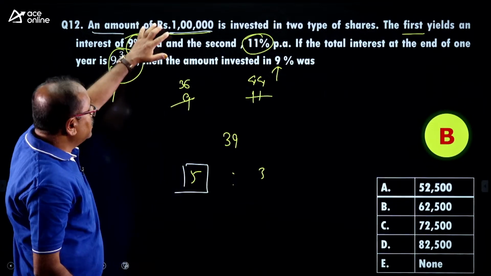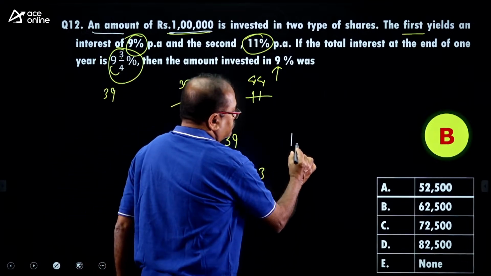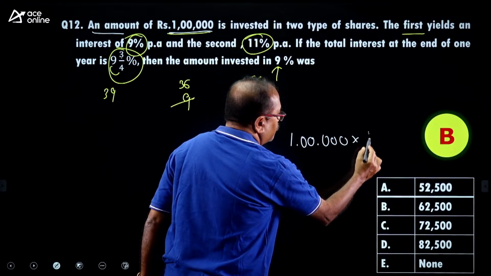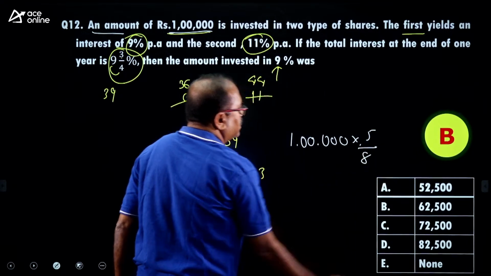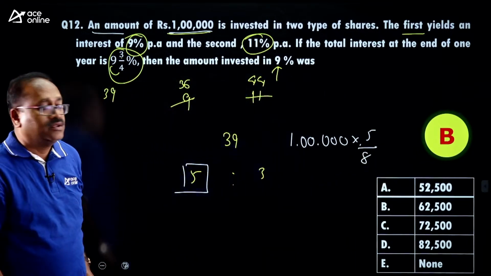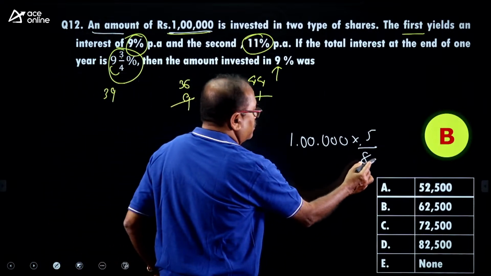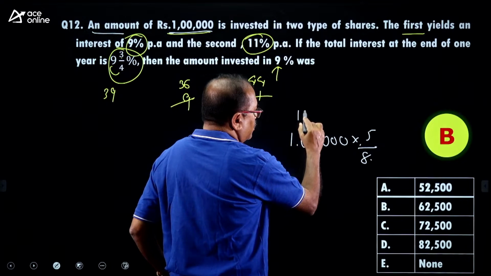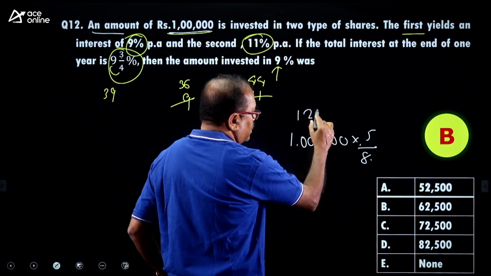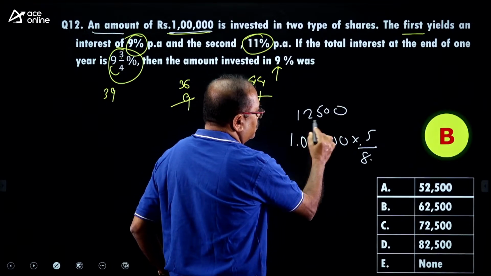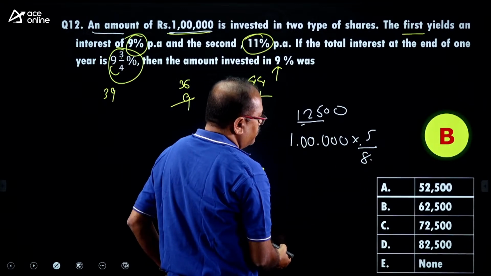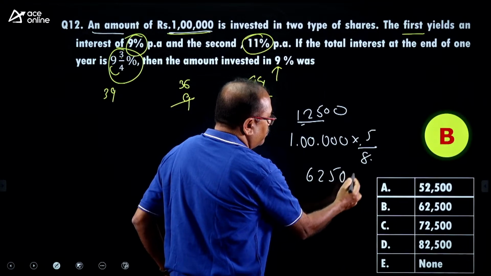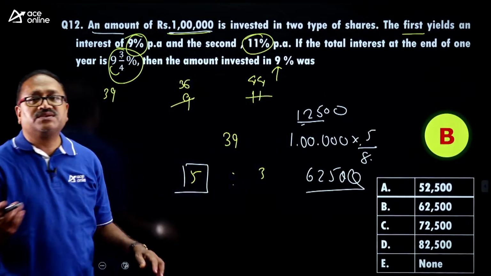That's good. So here it is 1 lakh. My requirement is 5 parts, where this one is given as 8 parts. When I cancel this one, 8 into 1 lakh, I am left with 12,500, then 5 into 12,500, and that comes to 62,500. That's your answer, choice B.